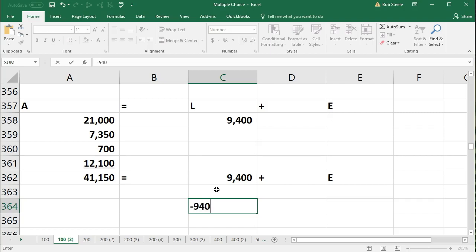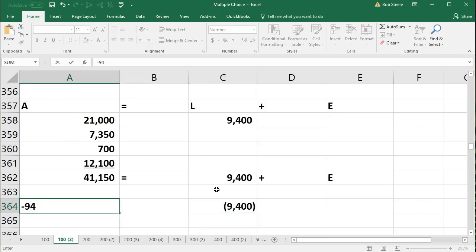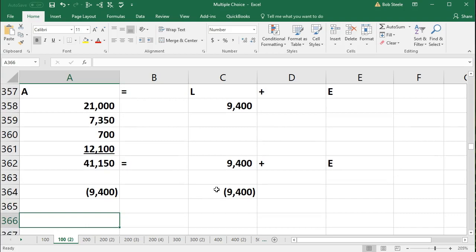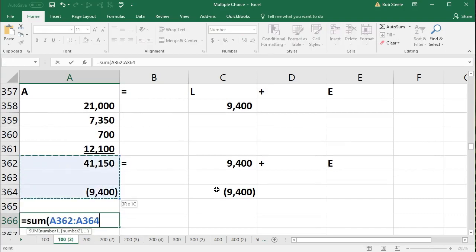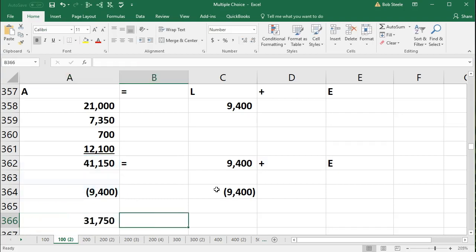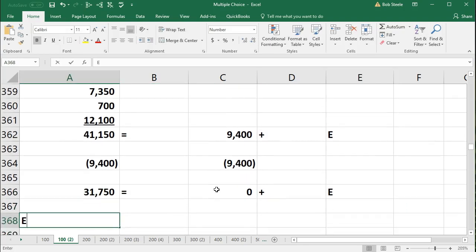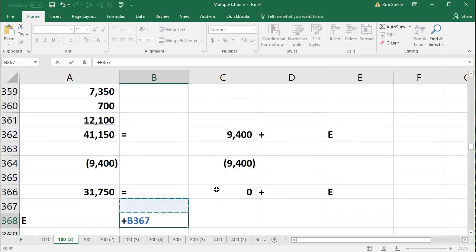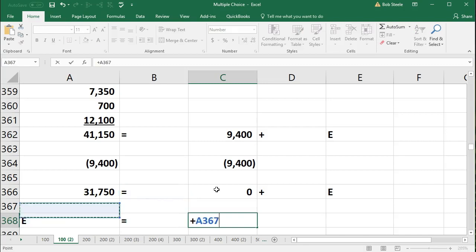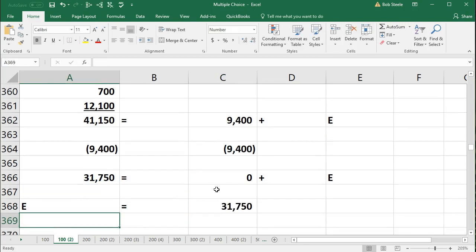Negative 9,400. And over here, negative 9,400. If we do the math, then we're going to say that we have the 41,150 minus the 9,400, which is 31,750 equal to, we know that, of course, 9,400 minus 9,400 will equal 0 plus the equity. Therefore, equity is going to be equal to the 31,750.